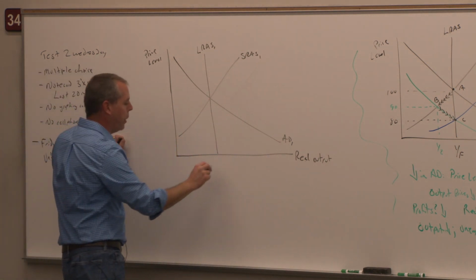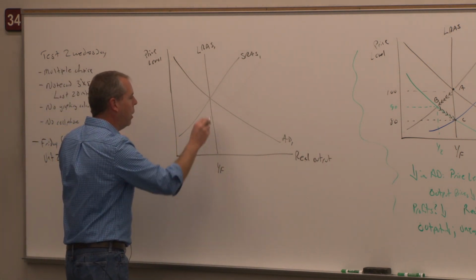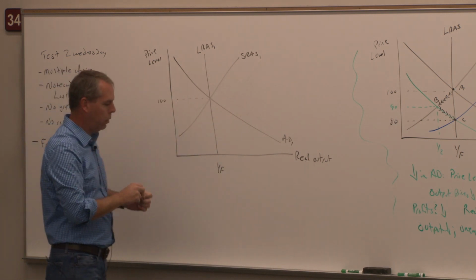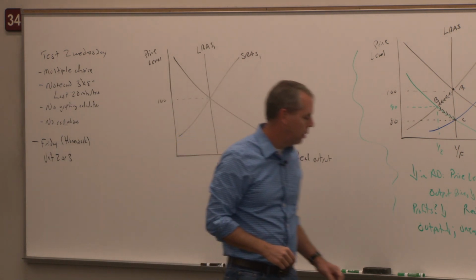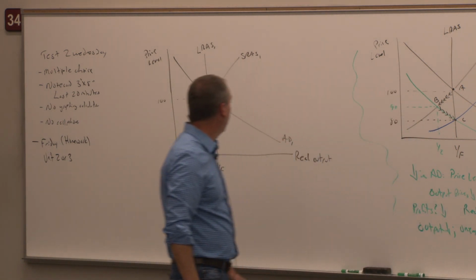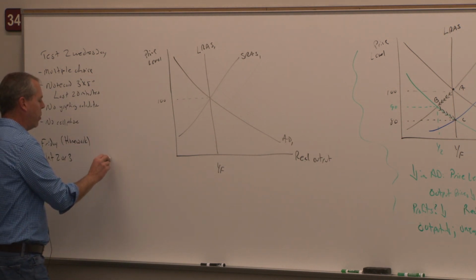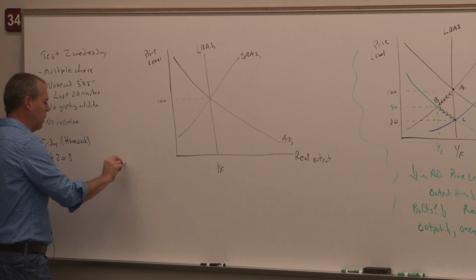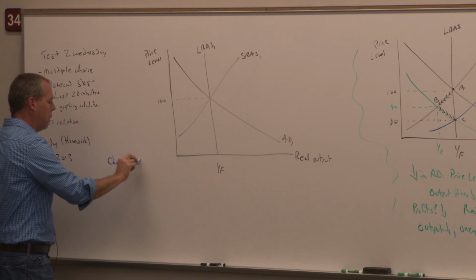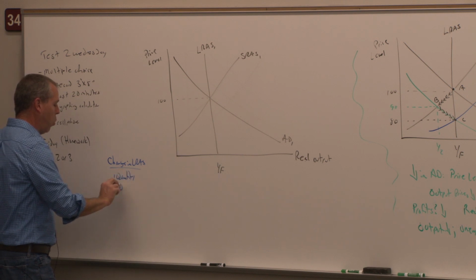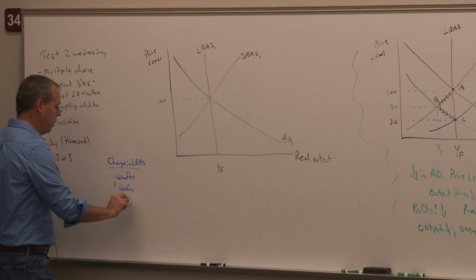So here we are at some output level, say YF, some price level, say 100. And now we're going to see this change in long-run aggregate supply. Remember, what was changing long-run aggregate supply? The quantity of our resources, quality of our resources, or our level of technology.